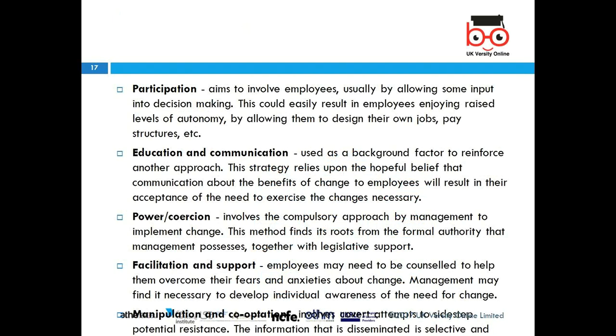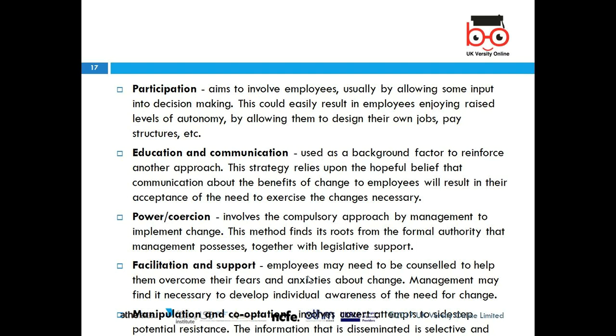So that's what we need to look at. Then when we make the change, participation is very important. People will be involved, everyone. Education and communication are very important. Power: if they don't perform, what type of punishment can there be? It may not be a punishment, it can be a financial reward or not giving them a reward.